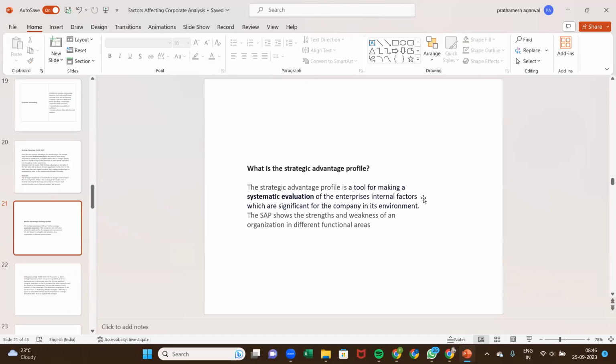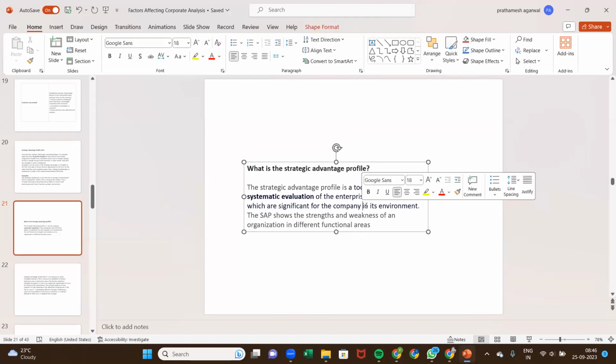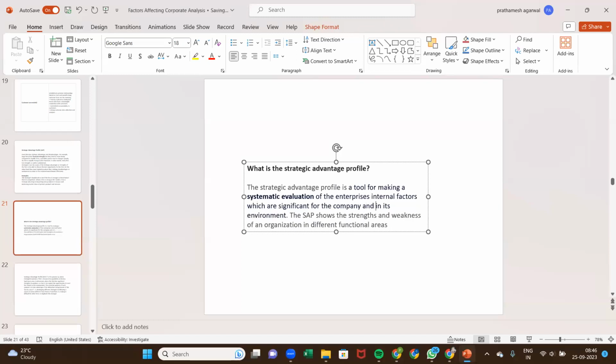See, it deals with internal factors which are significant for the company and its environment. The SAP shows the strength and weakness of the organization in different functional areas. So what does it tell us? It tells us about the strengths and weaknesses of the organization in different functional areas.